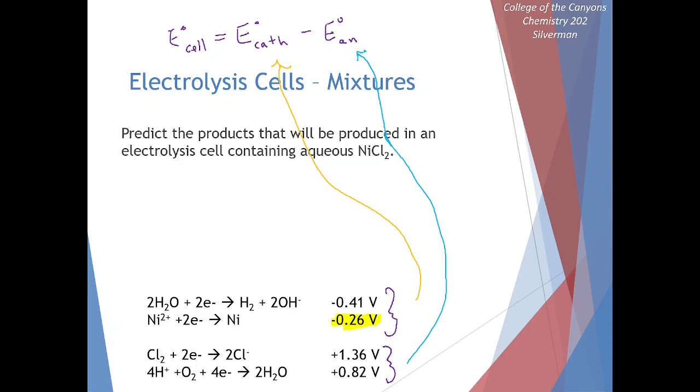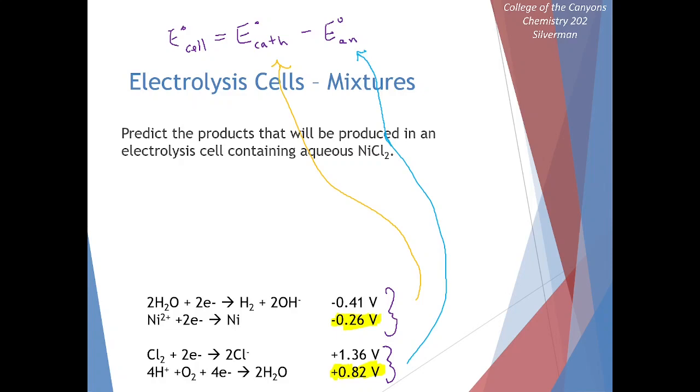In this case, water is going to be easier to oxidize than our chloride ions. Put another way, with these possible half reactions, the most positive cell potential we can build is negative 1.08 volts based on our nickel ions being reduced and our water being oxidized.